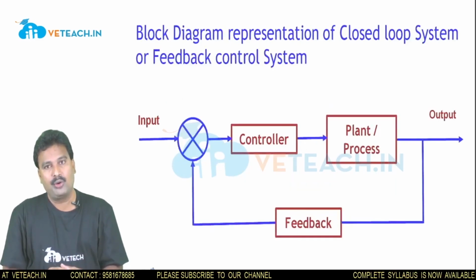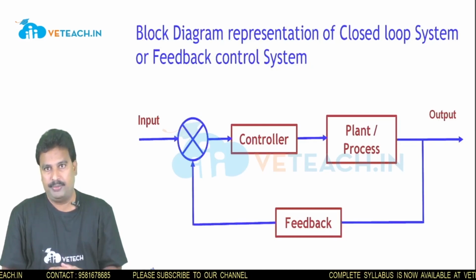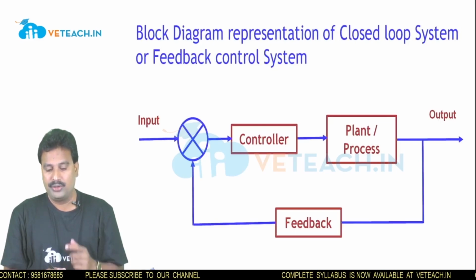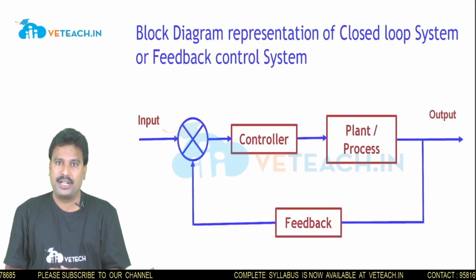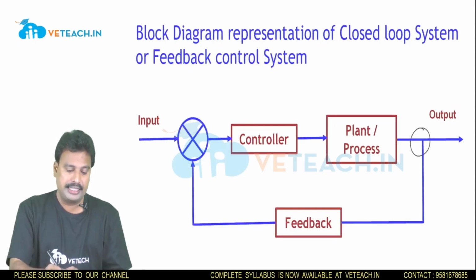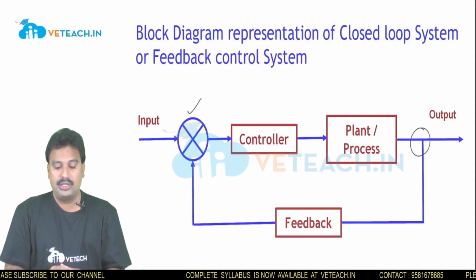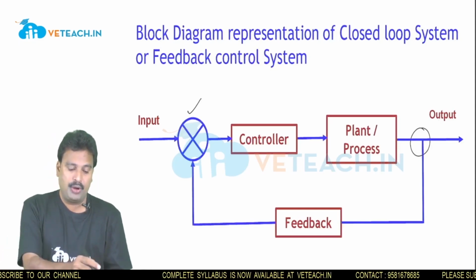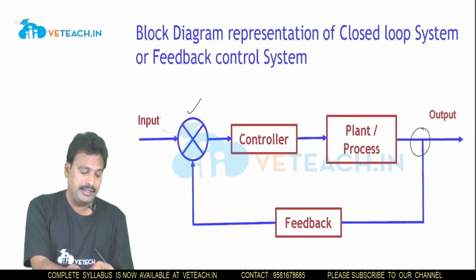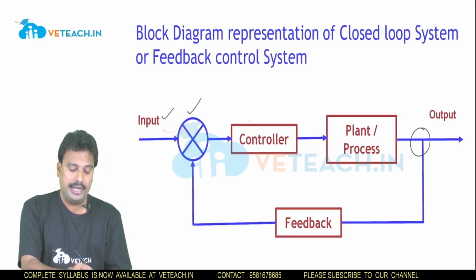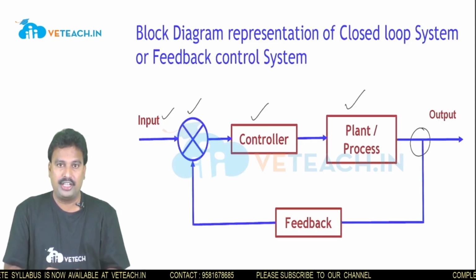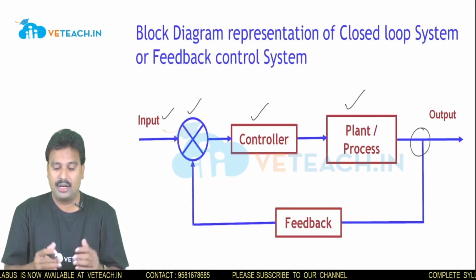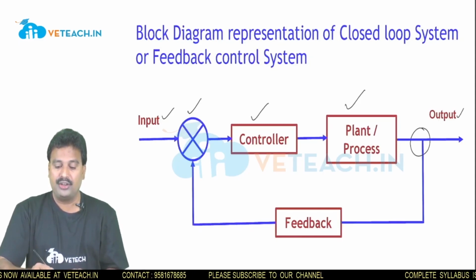We see how a closed loop control system can be represented with the help of a block diagram. In a closed loop control system, some part of the output is given as input to the control system. So in the block diagram, this is the input signal, this is the controller, and this is the process that is to be regulated or controlled, which gives a certain kind of output.